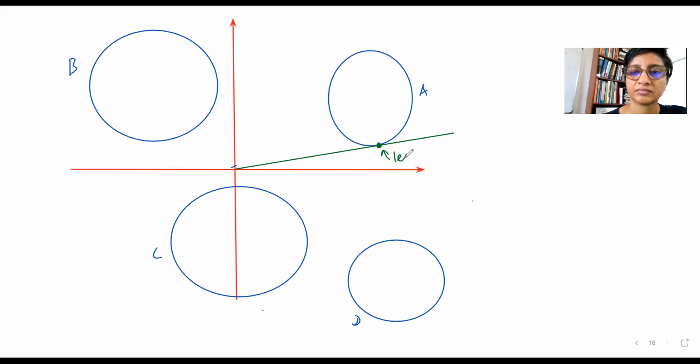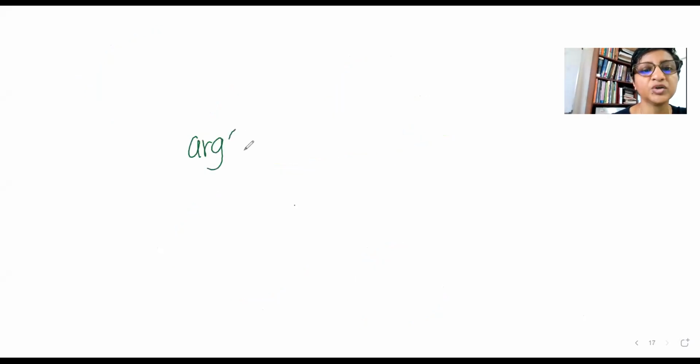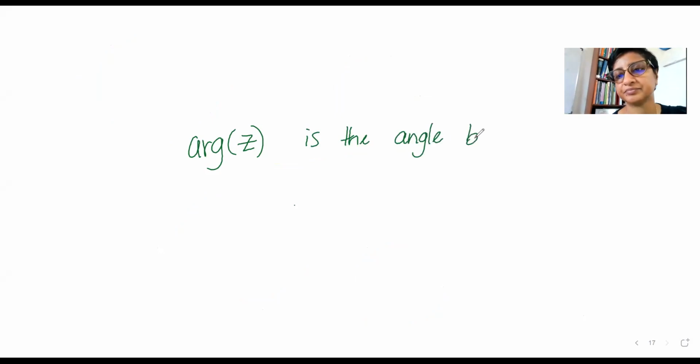Can you tell me the definition of an argument again? Can you explain it? The argument of a complex number is the angle between, if you are talking about an angle, there must be two lines, because an angle is always between two lines, two arms.